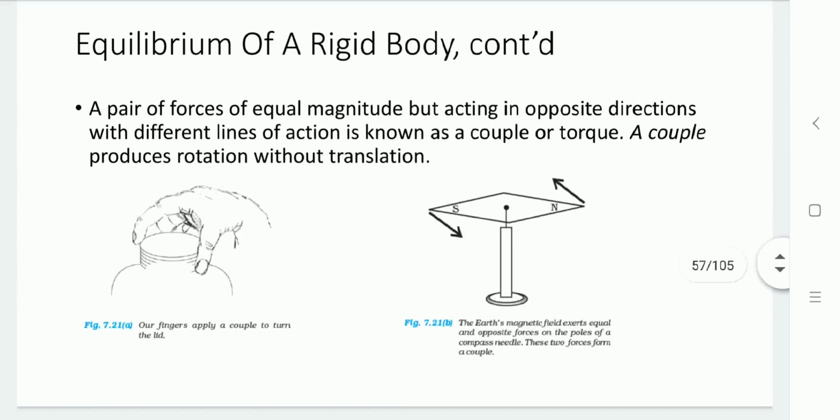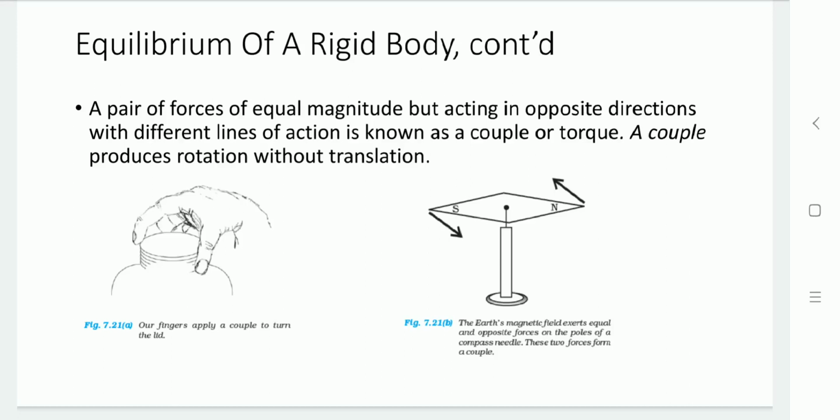So here a pair of forces of equal magnitude acting in opposite directions along different lines gives you the action of a torque, which gives pure rotation without a translation. That can be defined with diagrams and examples.